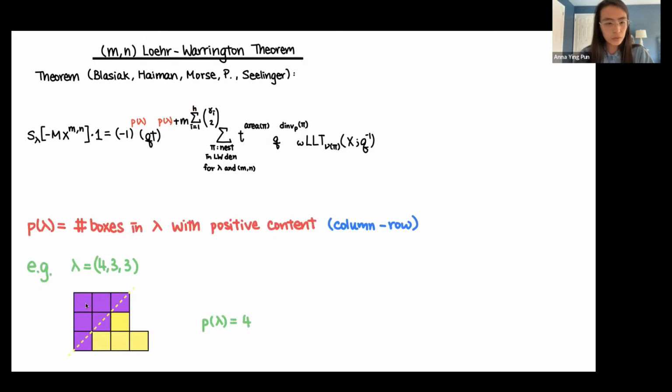If you choose this one, the column is 1 but the row is 3, so 1 minus 3 is -2, a negative content. Everything on this diagonal has content 0. That's how you compute p lambda. Just draw the diagonal and count the number of complete boxes on the right. In this case, my p lambda is 4, so 4 boxes. That's what p lambda means.